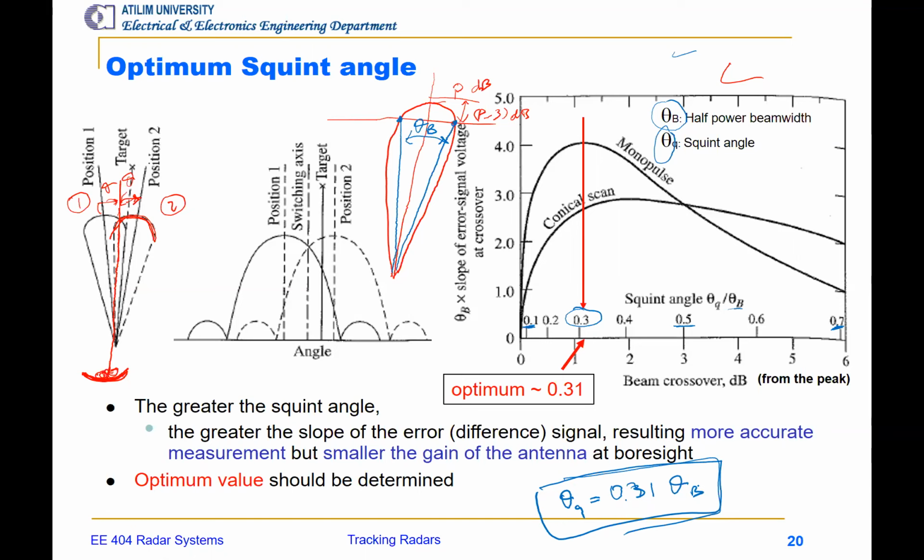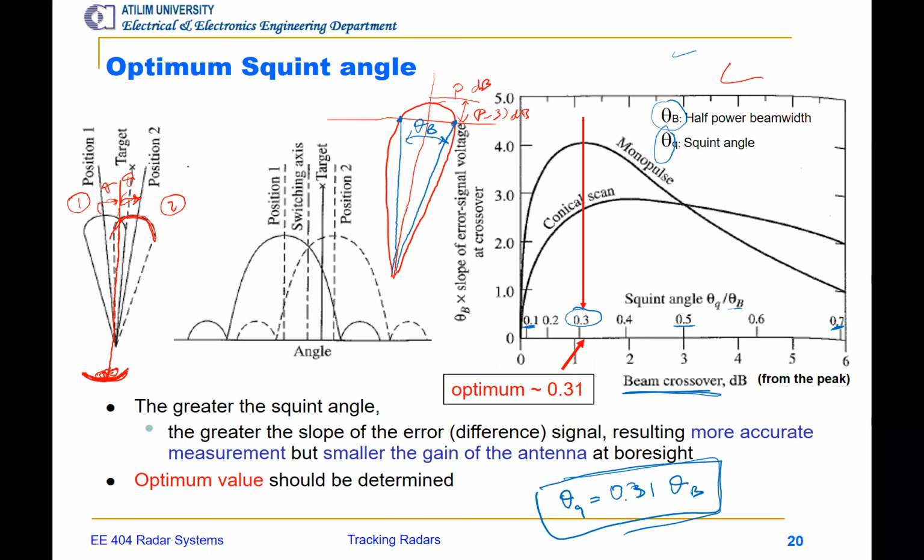Okay, so what other parameters here are critical? Beam crossover. Beam crossover is the loss, I mean the difference between the peak value of the beam and the crossover of the two beams.